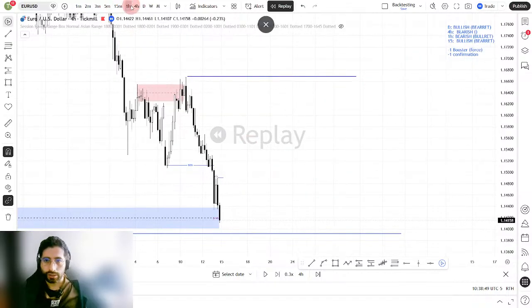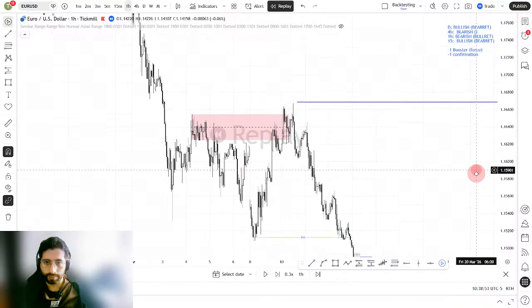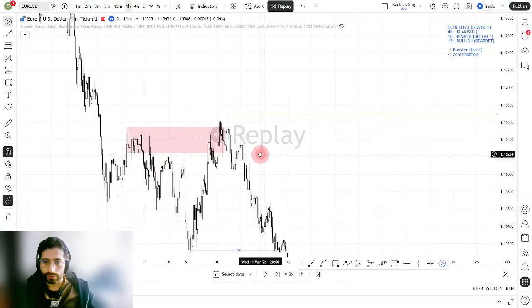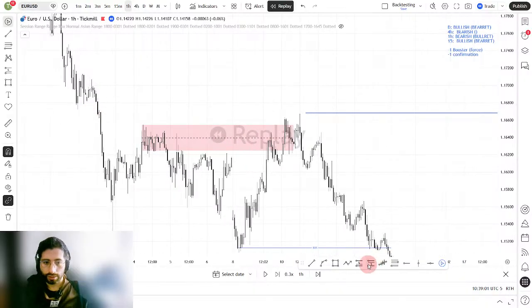So, 4 hours bearish. Let's go to the 1-hour time frame and see how it looks. In the 1-hour time frame, it looks even clearer. This is definitely the range beginning. The price is actually reacting on this small order block right here. In 15 minutes, this looks like a proper order block.